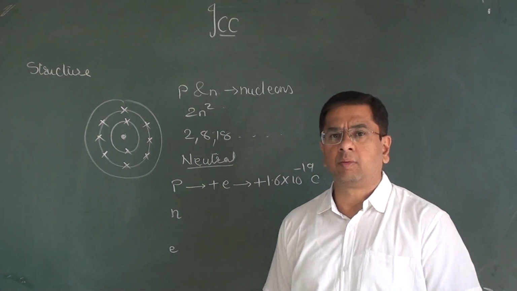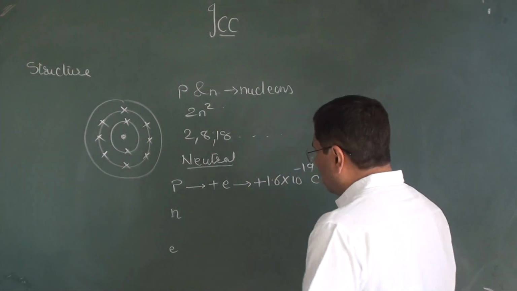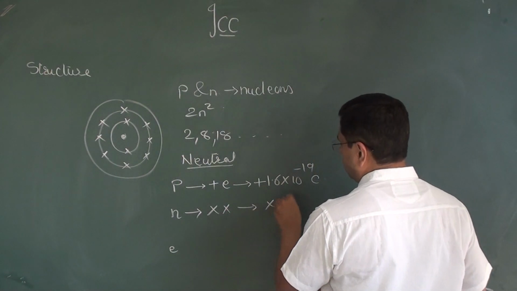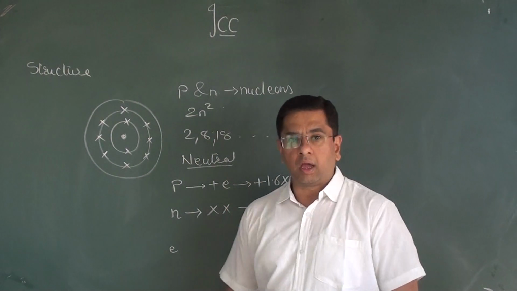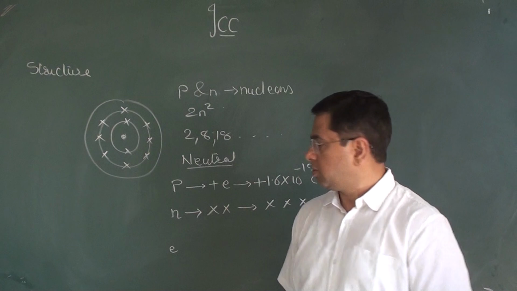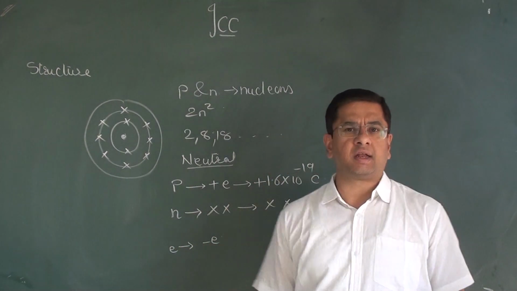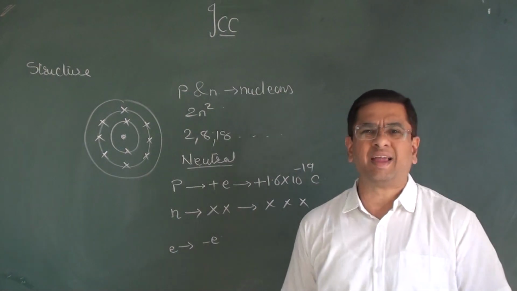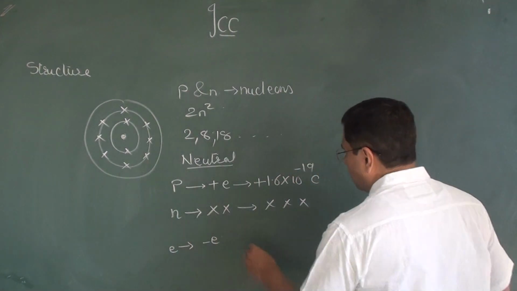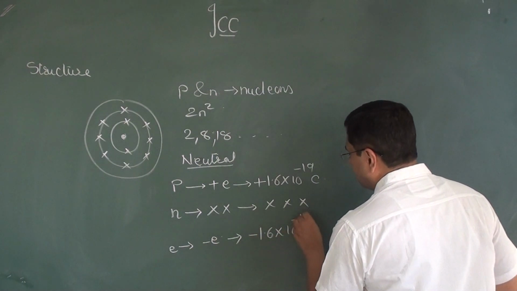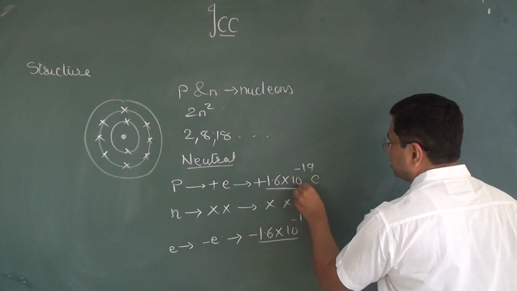Neutron, discovered by Chadwick, is a neutral substance, of course, so it won't have any charge. And electron, discovered by J.J. Thomson, has negative charge. We generally write that negative charge as minus e, and it is minus 1.6 into 10 raised to the power minus 19 coulombs.